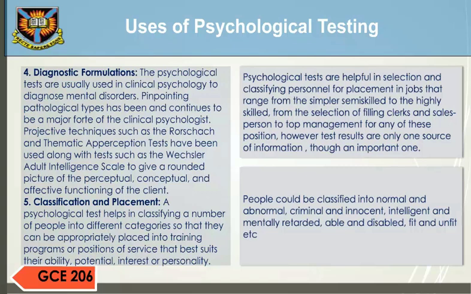However, test results are only one source of information, though an important one. People could be classified into normal and abnormal, criminal and innocent, intelligent and mentally retarded, able and disabled, fit and unfit, and so on.